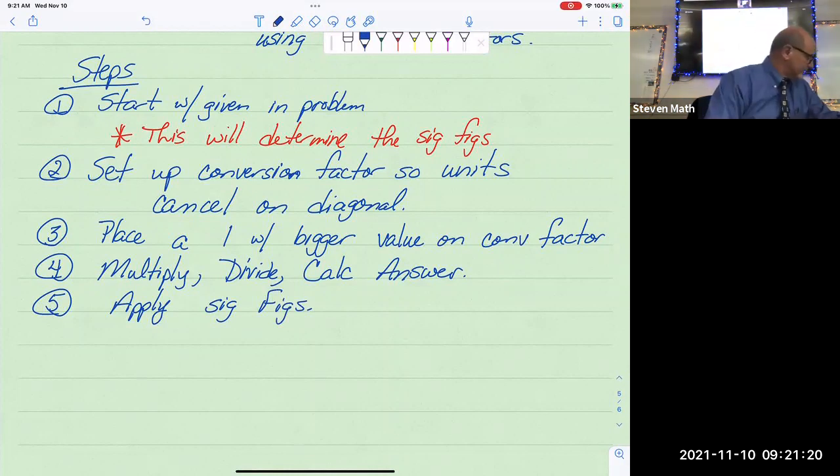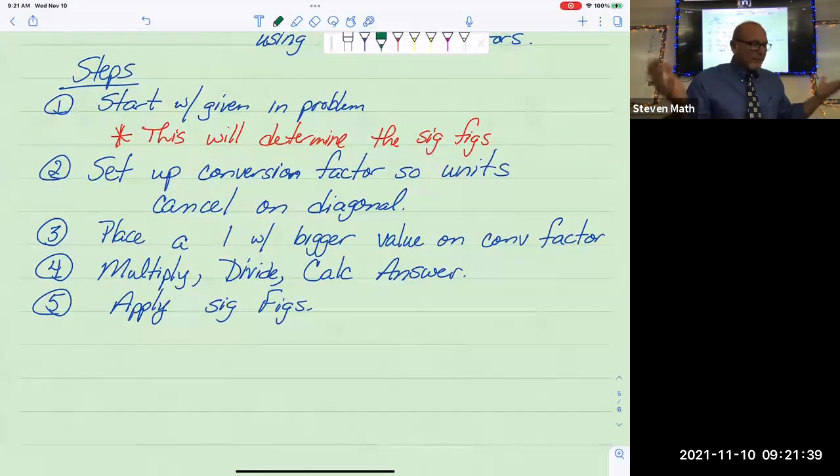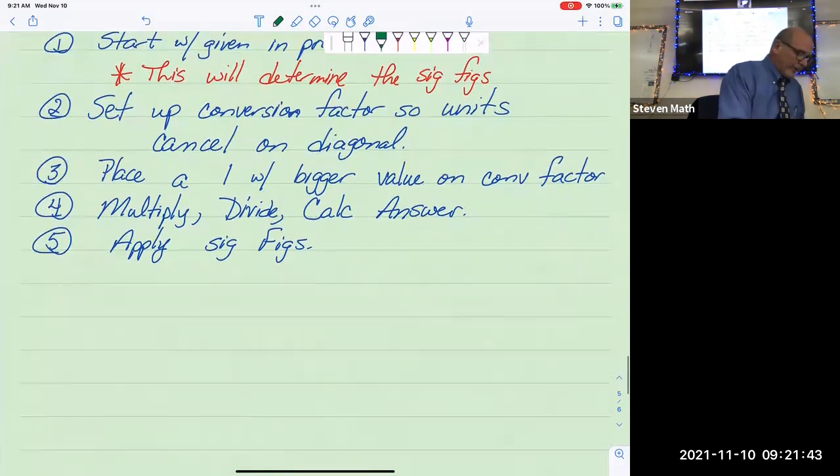We kind of have to. So the steps take longer to write than actually doing the problem. The problem's not hard here. Let's do 3 examples. Then bonus.